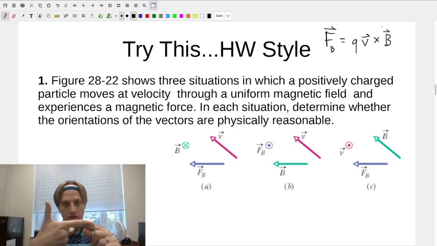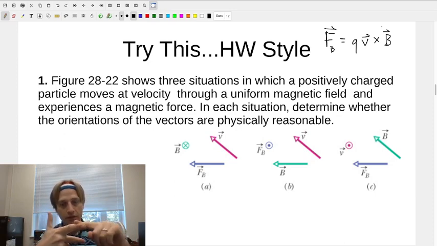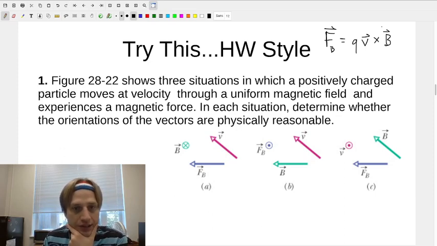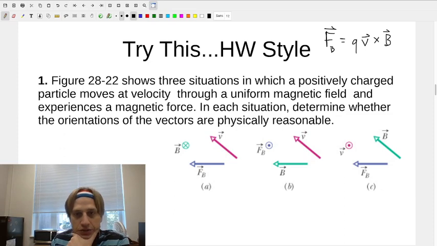These two, they could be perpendicular. That's how you get the biggest force, but the F is required to be perpendicular to both of these. So if these are close to parallel but not quite parallel, you can still get a force that's not very big. So let's just take a look at two different examples here. It says figure 28.22 shows three situations in which a positively charged particle moves at a velocity through the uniform magnetic field and experiences a magnetic force.